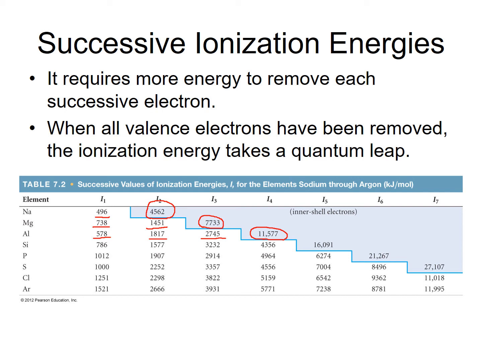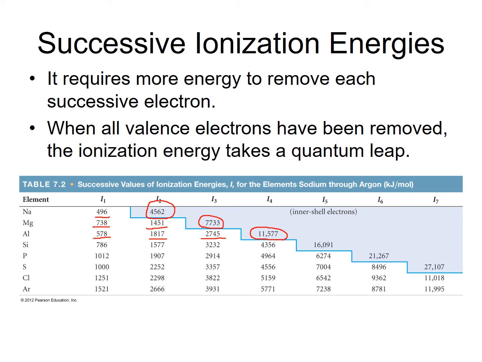For sodium, the first electron comes from the 3s shell, and now the 3s shell is empty, and the second electron comes from the 2 shell, and it takes a lot more energy to do that because remember those orbitals are much lower in energy.